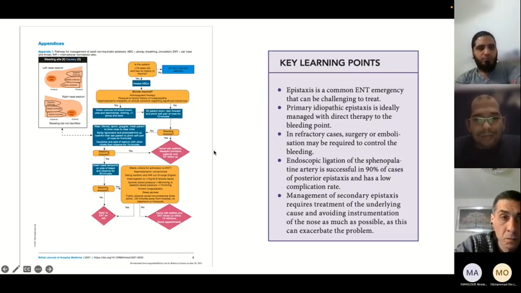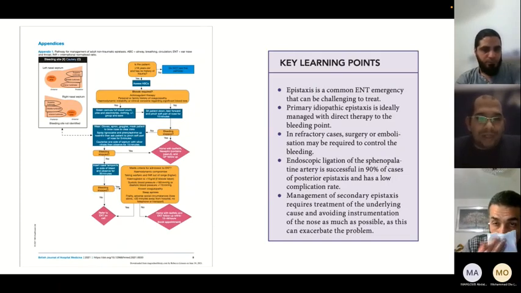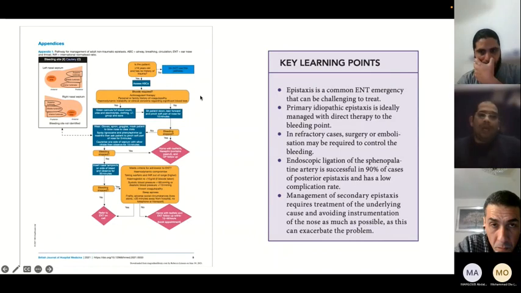Here is a pathway to treat patients with epistaxis. If we have a patient that is more than 18 years old and has no history of trauma, we can use this pathway. First of all, we will assess this patient regarding airway, breathing, and circulation, and see if he is hemodynamically stable or unstable.